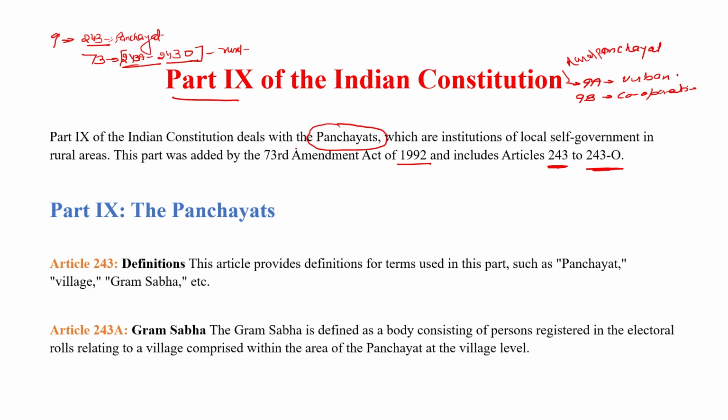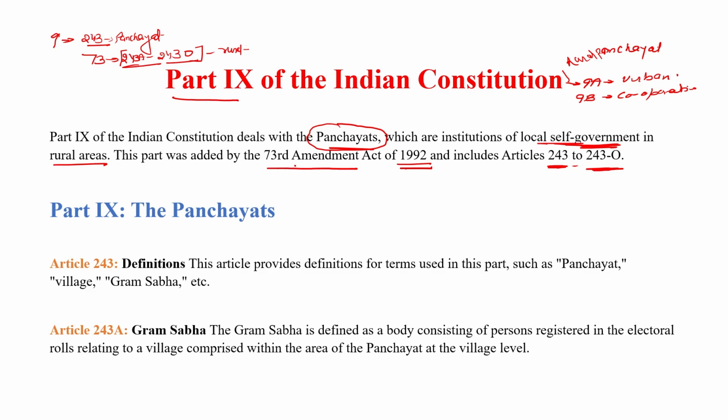So part 9 of the Indian Constitution deals with the panchayat only, and especially local self-government, meaning rural panchayat in the rural area. The part was added by the 73rd Amendment 1992 between Article 243 to 243O. Clear? So the 73rd Amendment is related to the Panchayati Raj system in India.